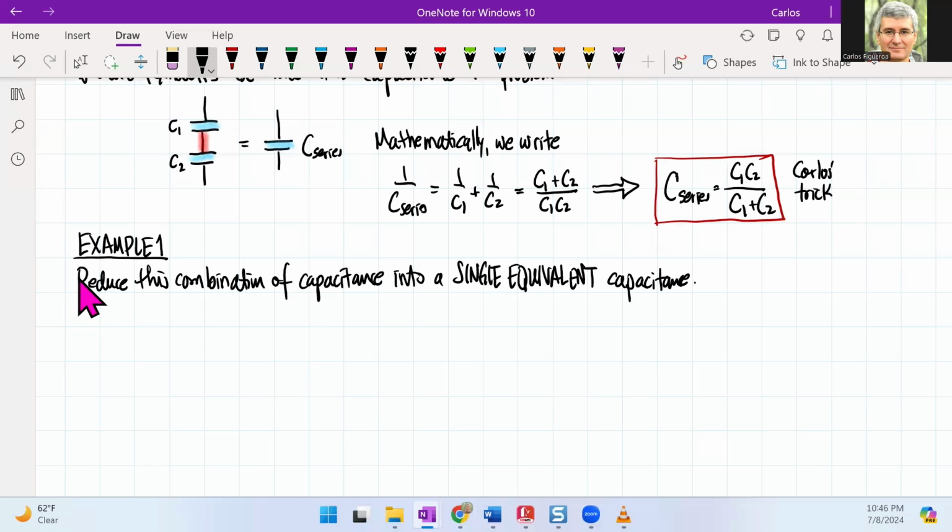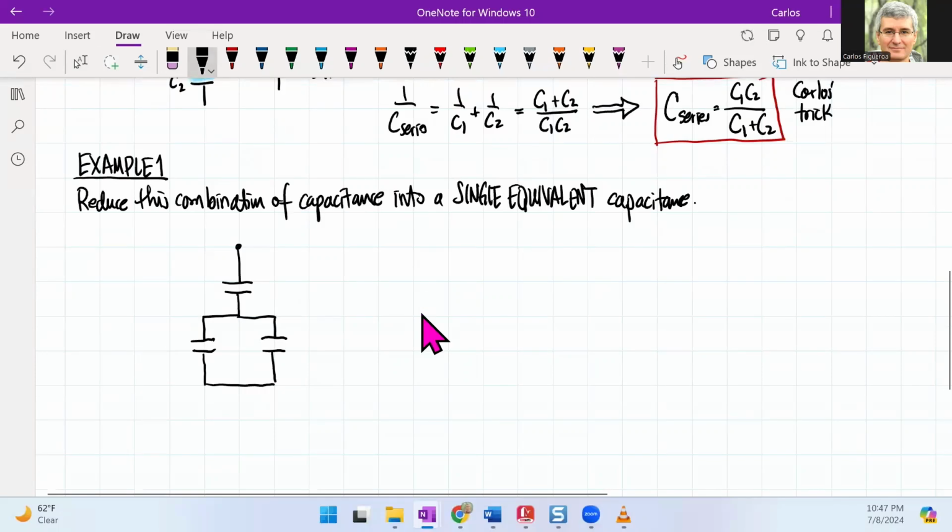So let's draw it out. So here's my circuit. I'm going to start here. I'm going to come in and I'm going to have a capacitor here. Then it's going to split. Then it comes back together and I have another capacitor right here like this.